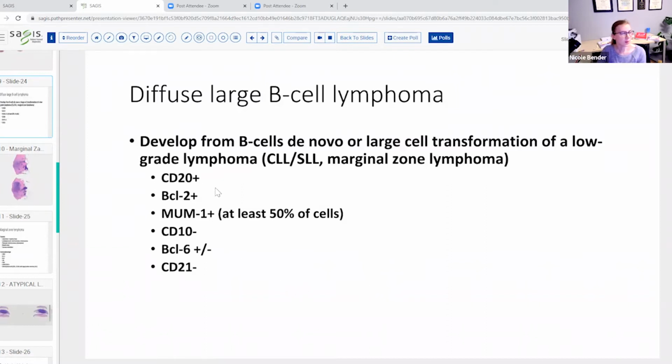The cells are CD20 positive, BCL2 positive, MUM1 positive in at least 50% of the cells, CD10 negative, CD21 negative, and usually it's BCL6 positive, but it can be variable from that. The other differential diagnosis to consider with this entity is anaplastic large cell lymphoma, but that will be CD3 positive and CD20 negative.